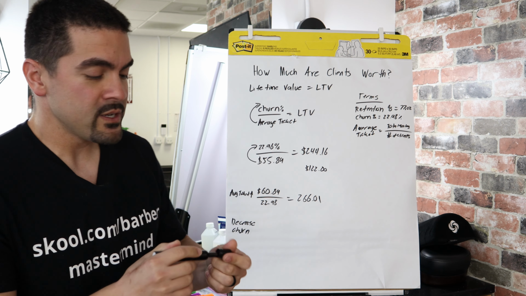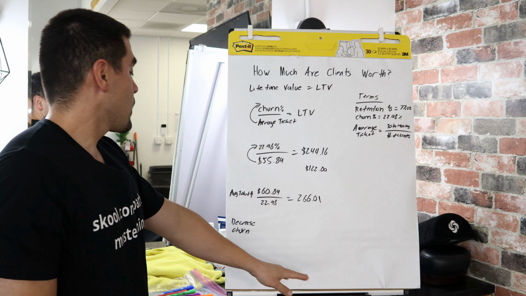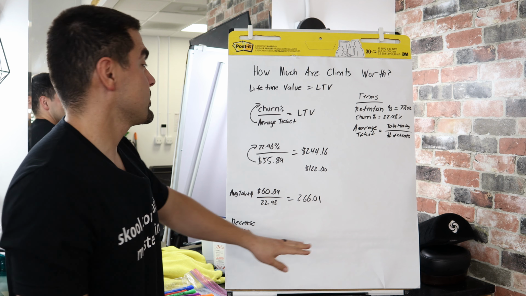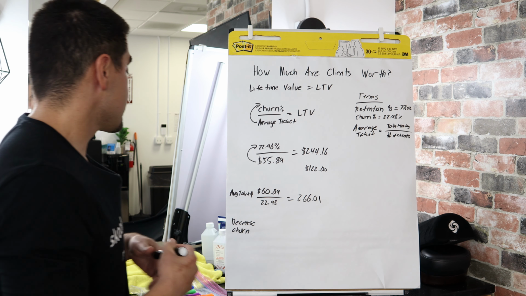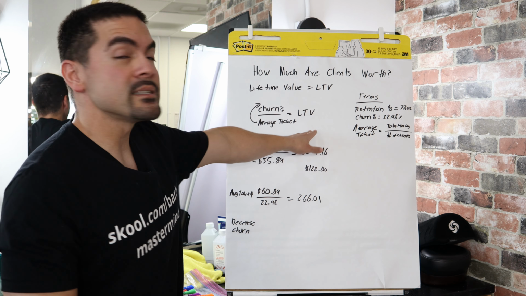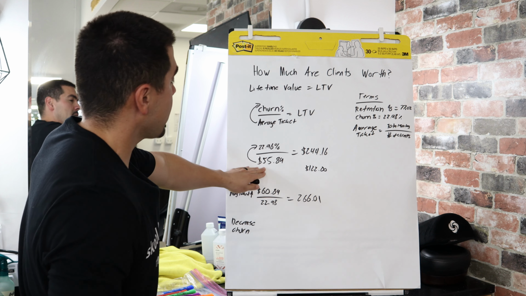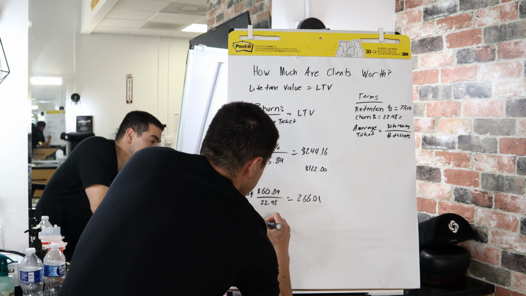So that's scenario one. Scenario two is we decrease churn. Before I go any further, what do you think is going to be the bigger number, when you increase average ticket or you decrease churn? Well, we're about to find out, but let me know in the comments which one you think is going to have the bigger effect on increasing lifetime value. Well, let's find out. So we're going to go back to our original average ticket number, which is $55.89.